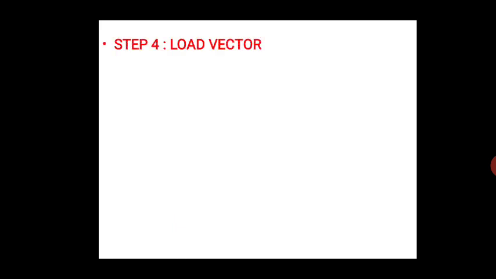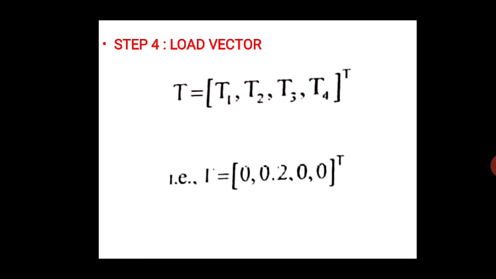The next one is the load vector. Since we have applied a torque, we can consider it as the torque matrix T1, T2, T3 and T4 at the 4 nodes. Since we have not applied any torque at node 1, T1 is 0, and there is no torque at node 2, so T2 is 0.